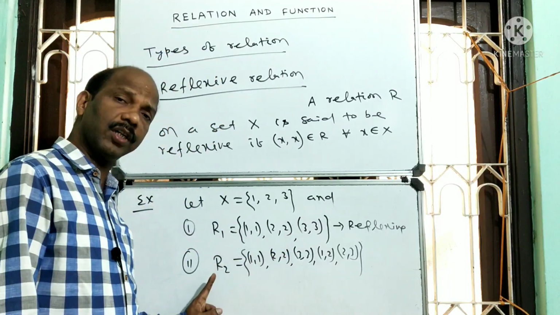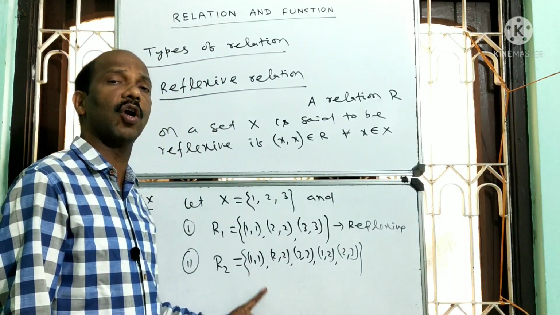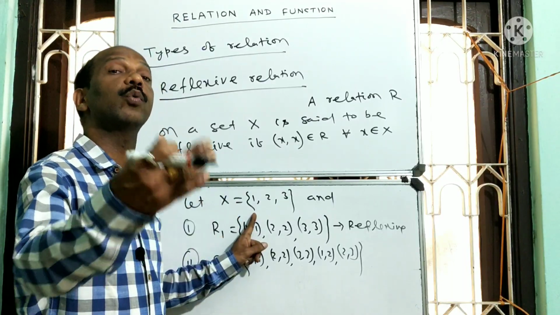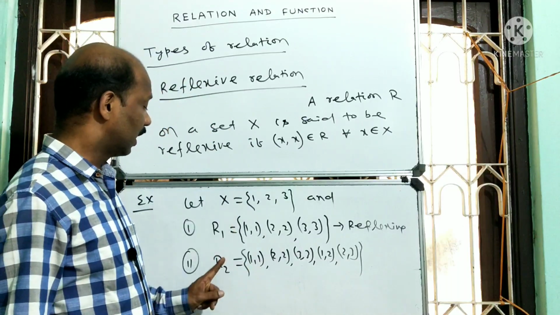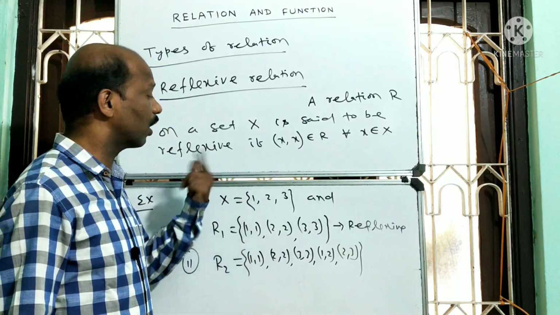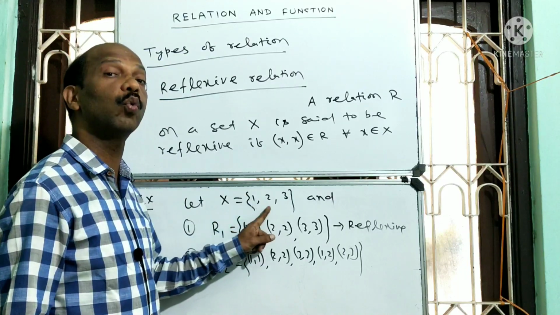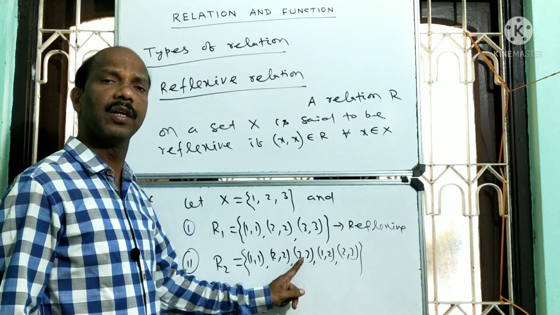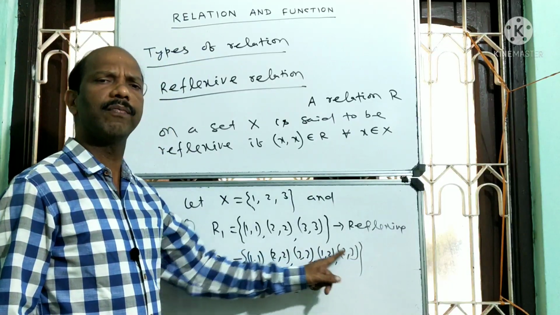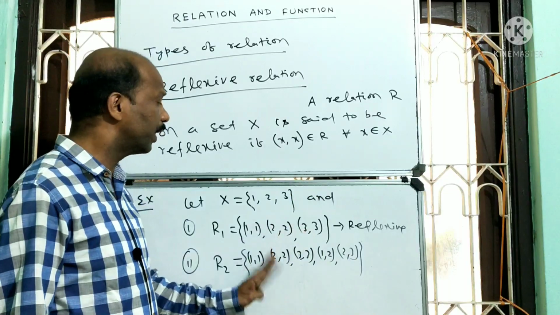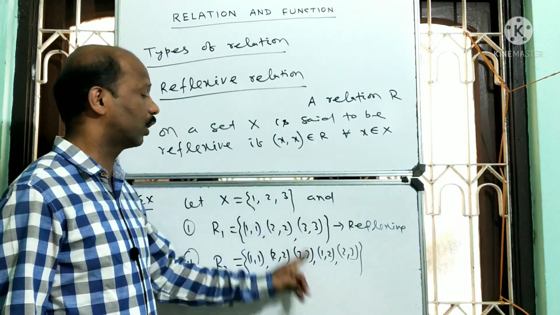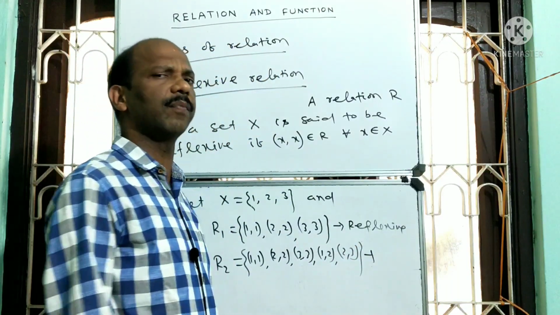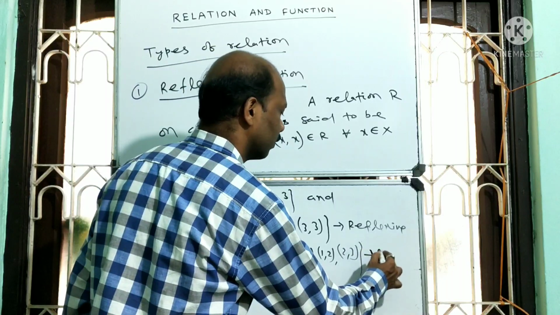To check whether this is a reflexive relation or not, we have to check that each and every element of set X is related to itself or not. That means whether R2 contains (1, 1), (2, 2), (3, 3) or not. (1, 1) is there, (2, 2) is there, (3, 3) is there. There is no problem of (1, 2), (2, 3) because we require just (1, 1), (2, 2), (3, 3). Extra elements don't hamper the reflexivity of the relation. It is also reflexive.